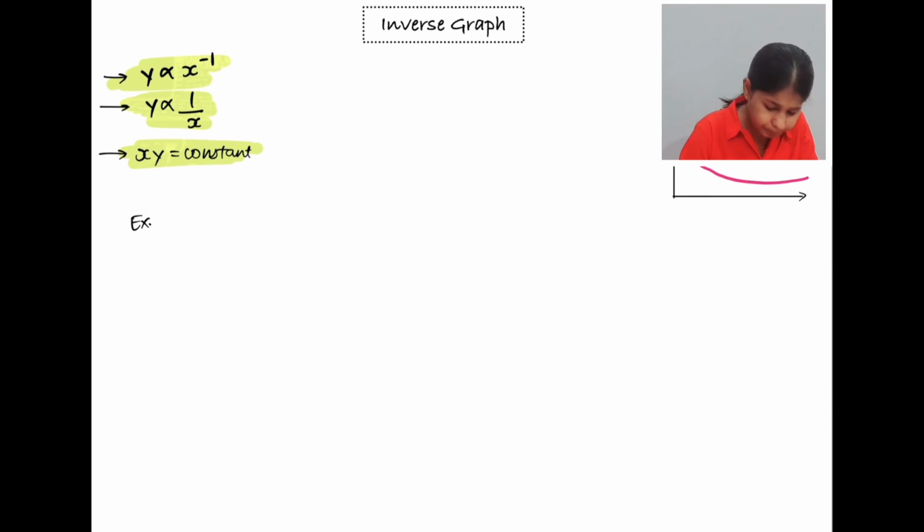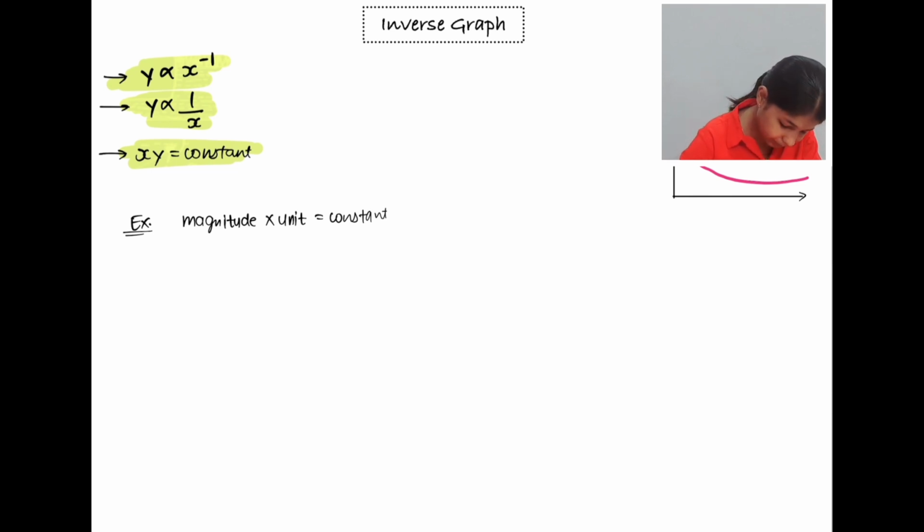For example, as you have already understood in units and dimensions, magnitude into unit is equal to constant. Means, for example, if I am writing 1 kg, here you can see 1 is my magnitude.